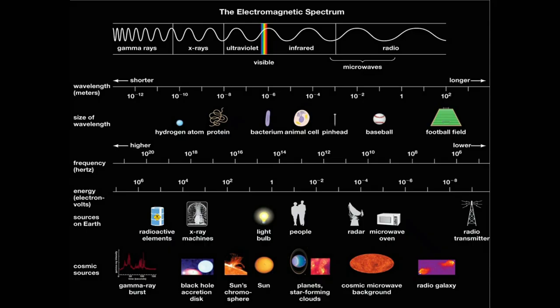In astronomy, there are also a lot of different sources for these different wavelengths of light. So there are certain types of galaxies that are very strong emitters in the radio. The cosmic microwave background is basically a baby picture of the universe, and that's in microwaves, so we'll come back to talking about that later this semester. Planets and star-forming regions are not hot enough to do nuclear reactions, but they are warm enough to emit infrared light.